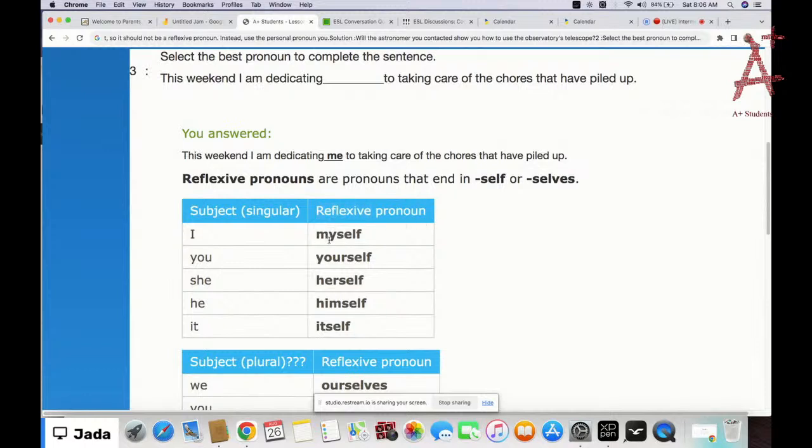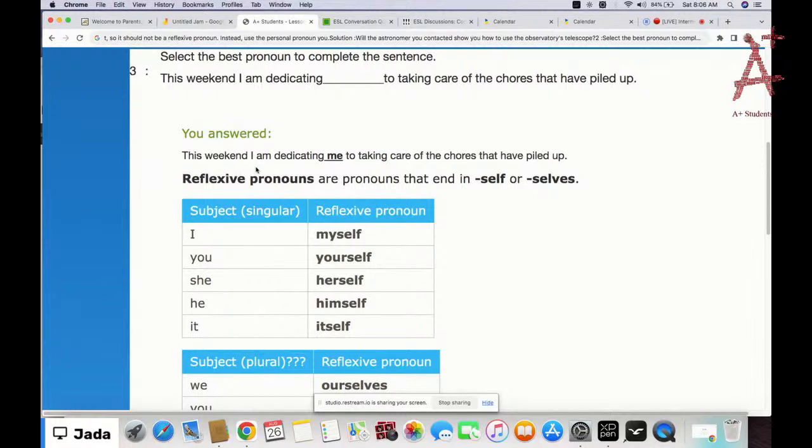So if you are going to use a reflexive pronoun in place of I, it's going to be myself. And then you is going to be yourself. She is going to be herself. He, himself, and it, itself.